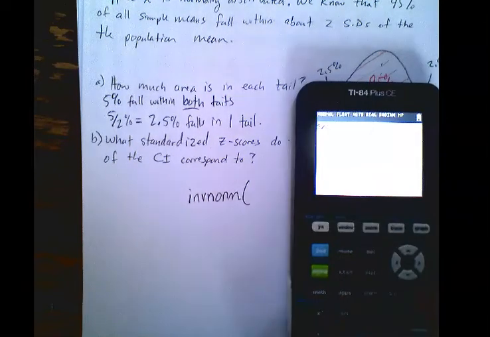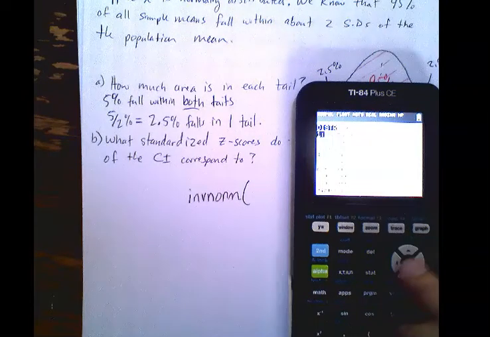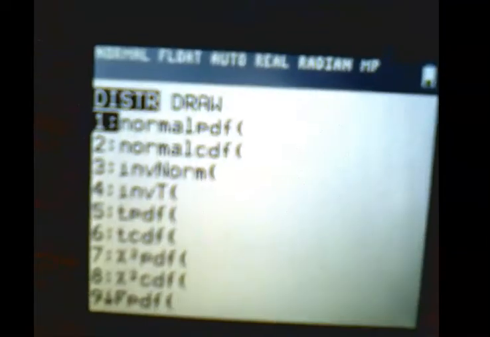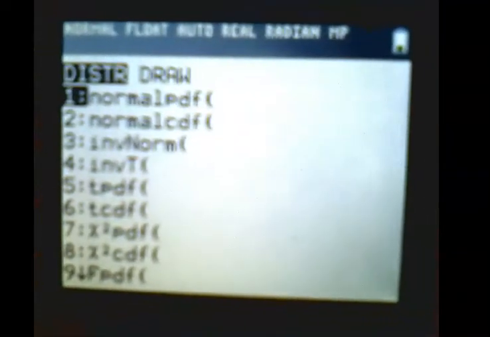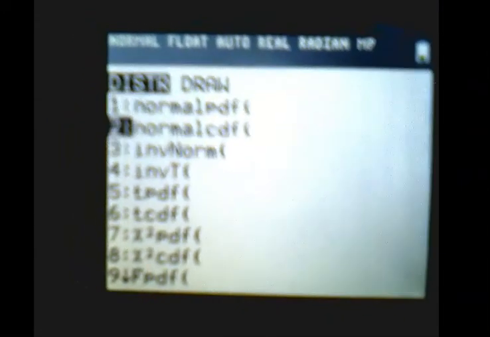Okay. So here we're going to go to second distribution. Remember that's at our vars key, so second distribution. We're going to go down to the third option. That's inverse norm.